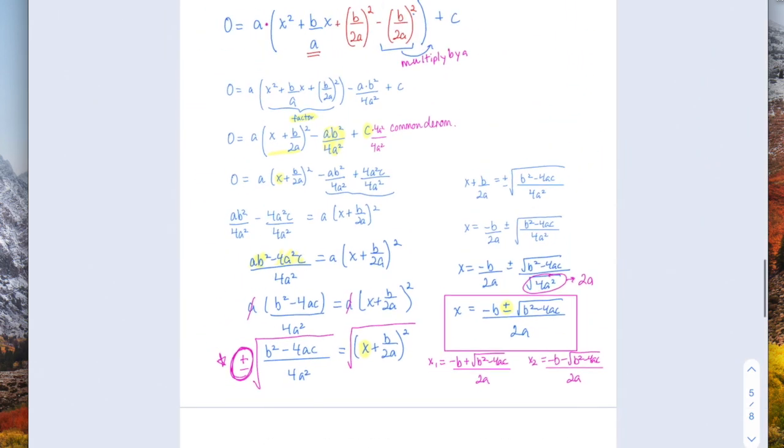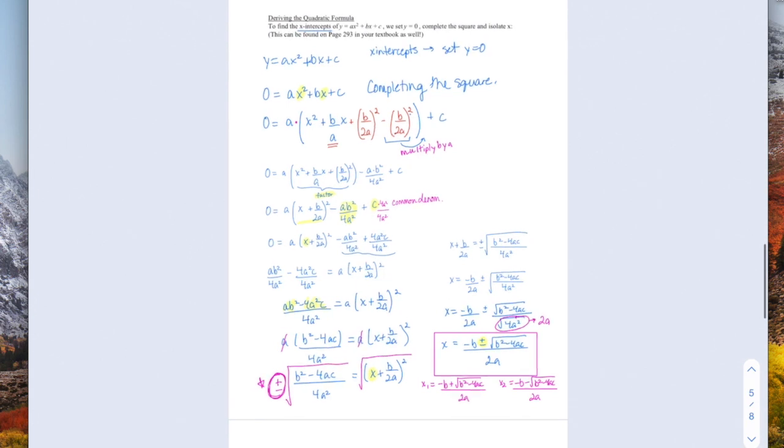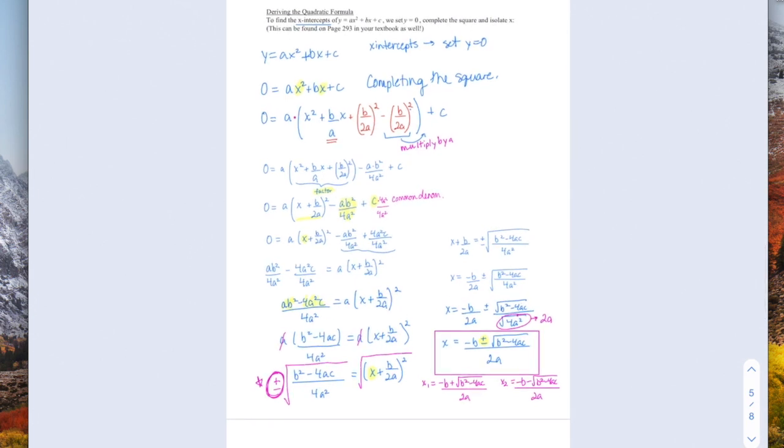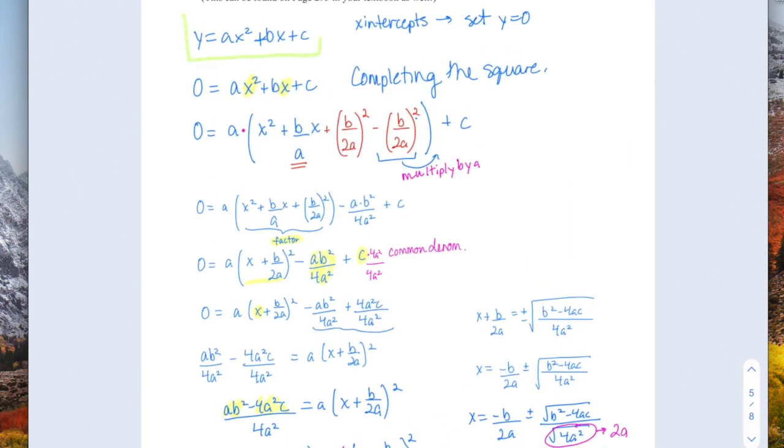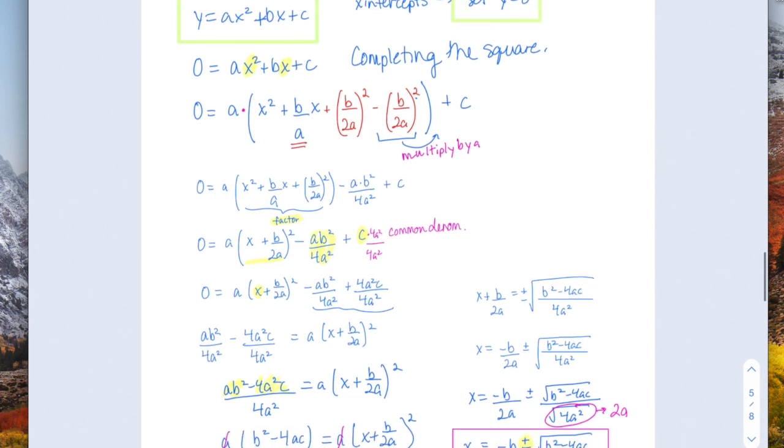So let's review what we did here. The most important thing is understanding the concept of what we were actually solving. We are solving for the x-intercepts of a parabola. The way we did that is we set y to 0, and then we completed the square and solved for x.